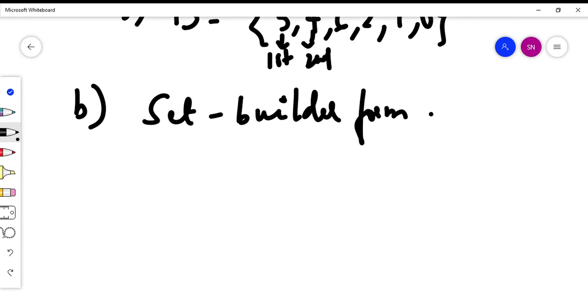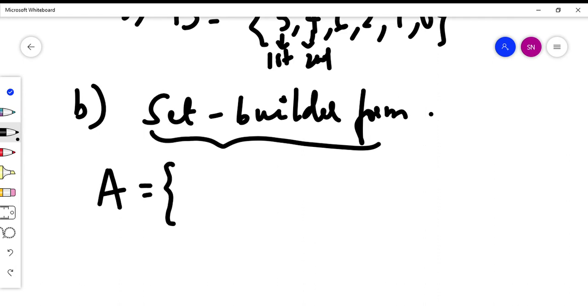To write the representation of a set in set builder form, remember the basic definition: a set is represented by a capital letter and the elements inside a set are in smaller letters. But in set builder form, we write it in a sentence format with mathematical representation.